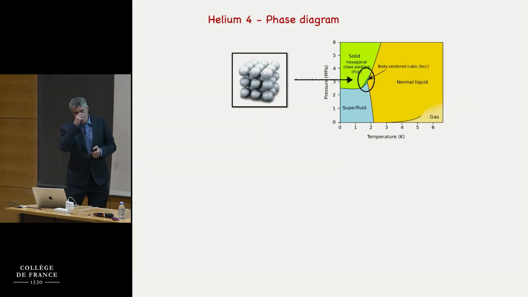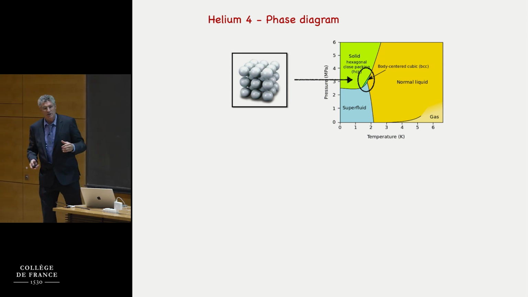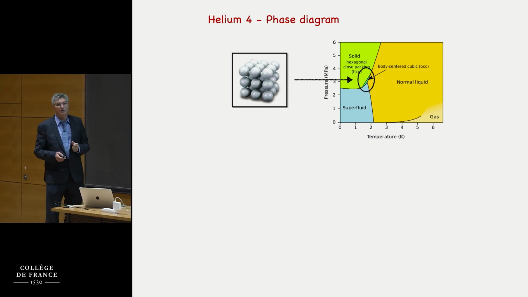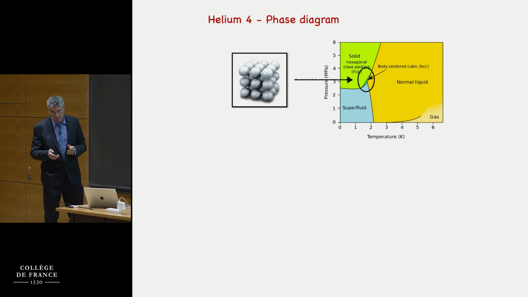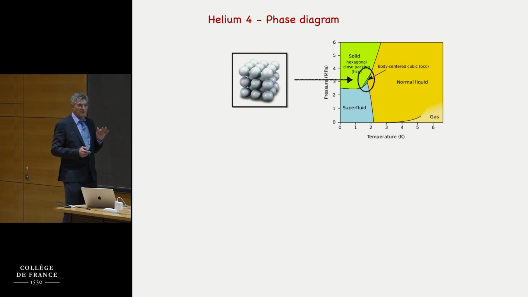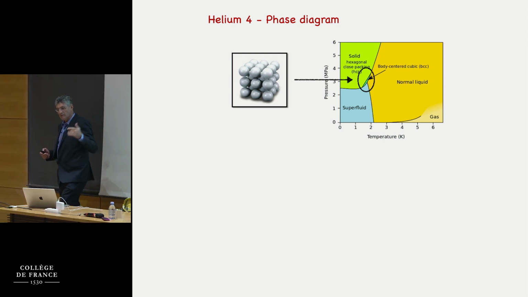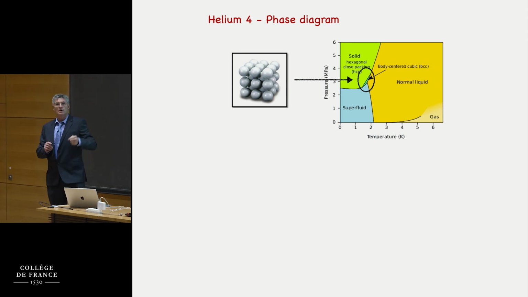There's another system, a bit less known because it kind of fell off the community's interest a long time ago. It's helium-4 solid. Helium-4 solid is a very quantum solid, so it has some differences from a classical solid. A classical solid, as we teach in elementary condensed matter, is built out of essentially particles sitting at a certain position and vibrating, okay?